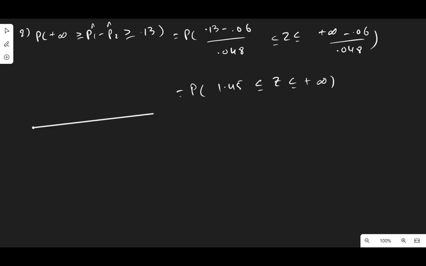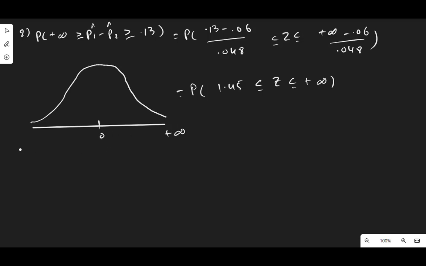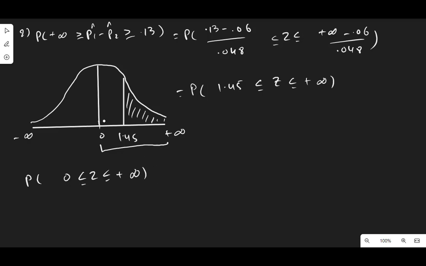If you sketch the diagram, with zero, plus side and minus side, you need the area between 1.45 and plus infinity. Take this entire half area, Z between 0 and plus infinity, and subtract the area of Z between 0 and 1.45.